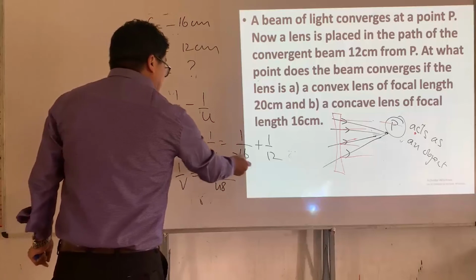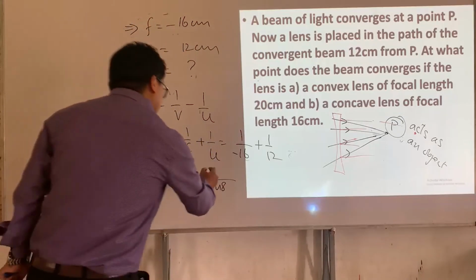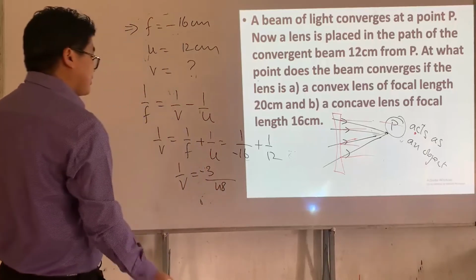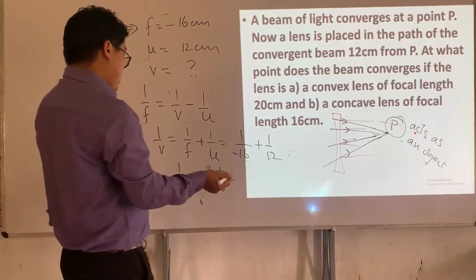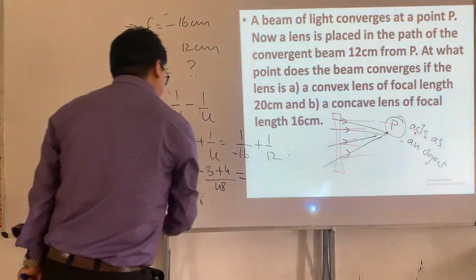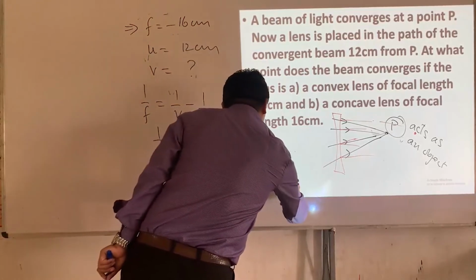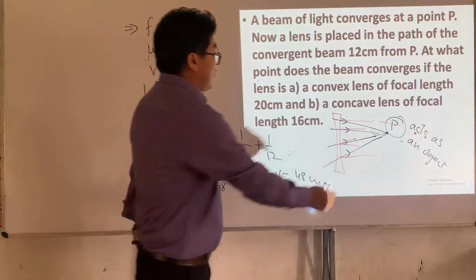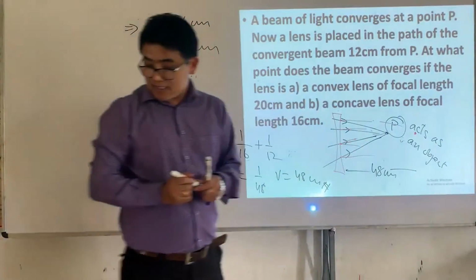And then how much? 16 goes 3 times. Alright. And then what about this? 12 goes 4 times. Alright. This is going to be 1 by 48. So therefore V is going to be 48 centimeters. So that distance is going to be 48 centimeters.